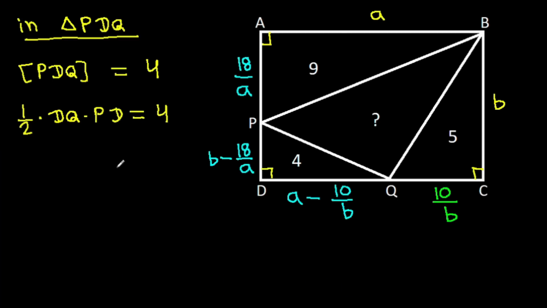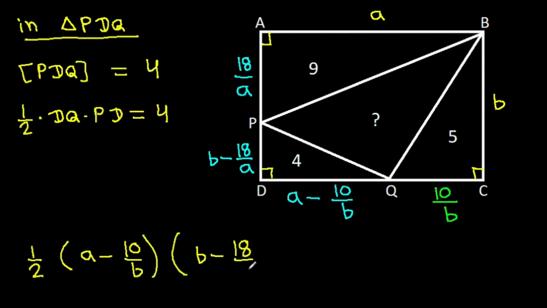It is 4, and it is 1/2 times DQ, which is A minus 10/B, times PD, which is B minus 18/A. It is equal to 4.